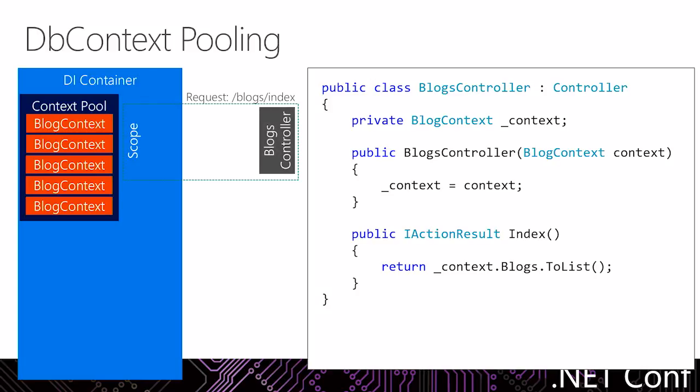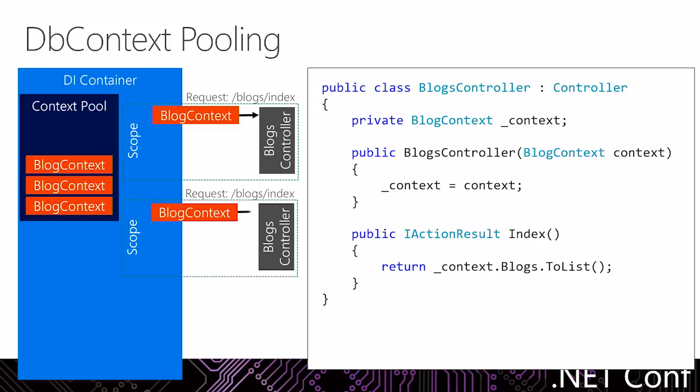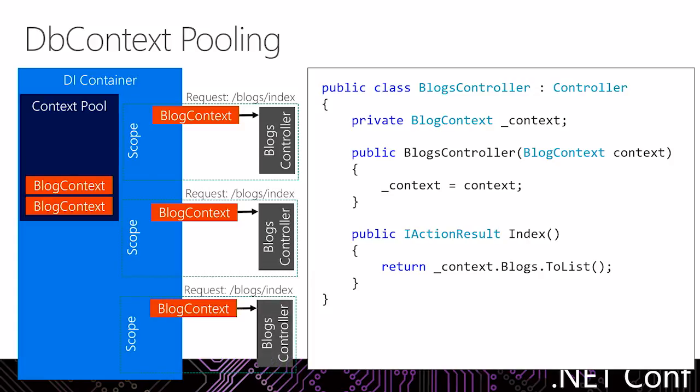It's very similar to connection pooling, but not exactly the same, but the concept is very similar. If you are familiar with connection pooling, you are going to understand what's going on here. Every time there is an incoming request, a new instance of the controller gets created. Instead of creating a new instance of the DB context, we get one from the pool. And we do that again until we empty the pool, I guess.